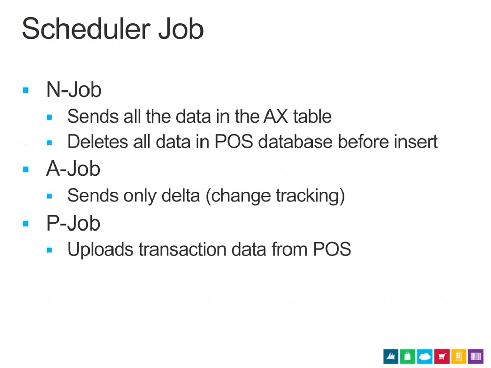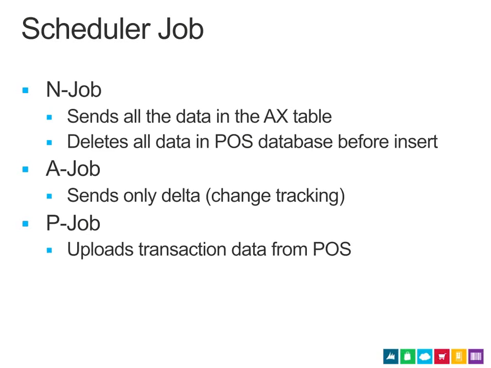And then there are 3 different job types. The N job basically sends all the data within the AX table. Think of it as a select all, no query, no criteria on it, we just dump the table out there.